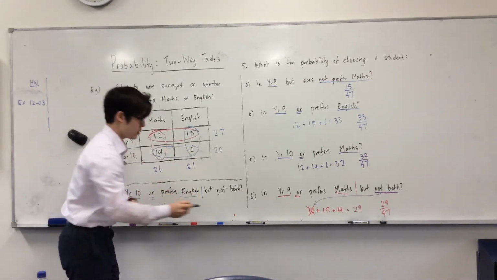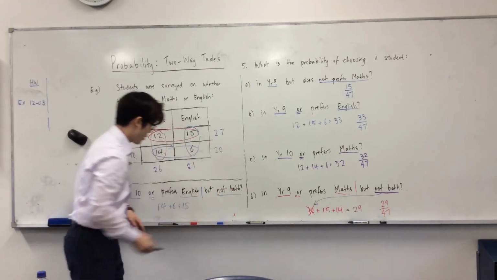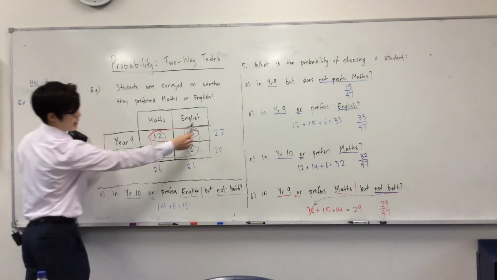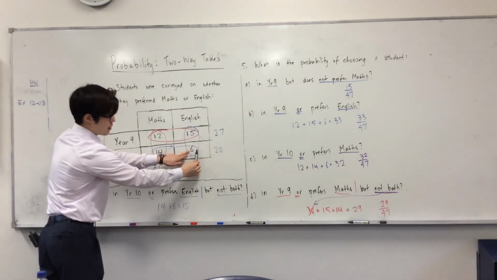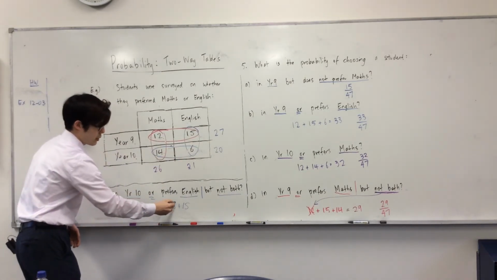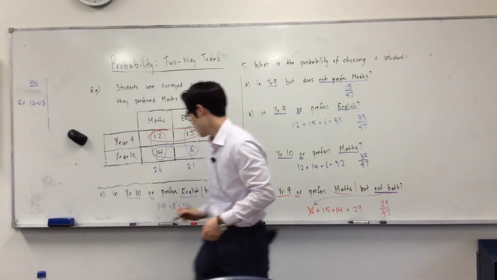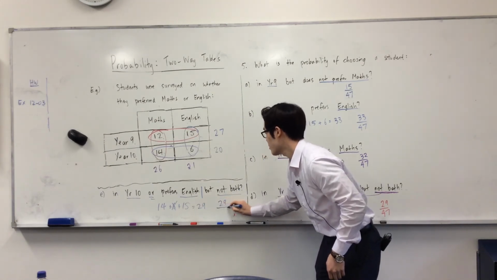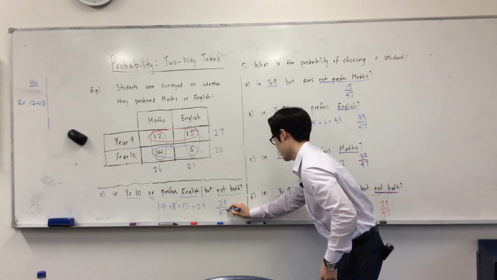But how many students are both in year 10 and English? So year 10 and English. So 6 students are both in year 10 and English at the same time. So we want to get rid of the 6. Okay? So that's 29, which is 29 out of 47. Okay?